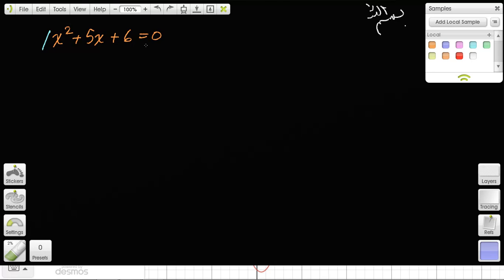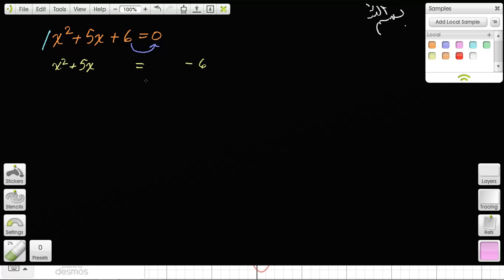So you subtract 6 from both sides, and you get x squared plus 5x equals negative 6. I'm going to put it like that and give myself some room.